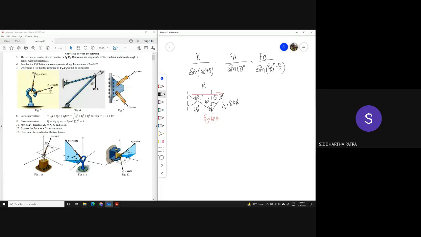So this much is 40 degrees, this much is 50 degrees, this much is 40 degrees. So it is 40 plus theta. This one is 50. The other one is 90 degrees minus theta. Okay. So that should give you the value of theta and value of R.